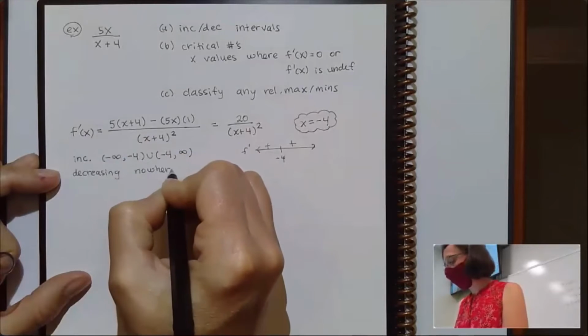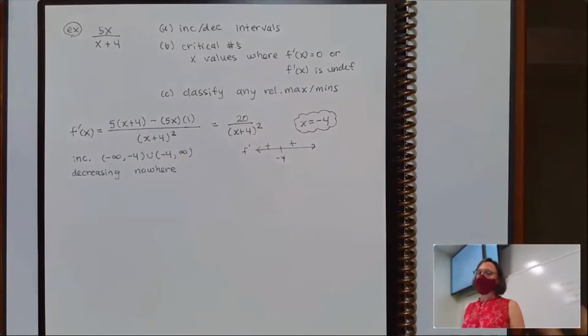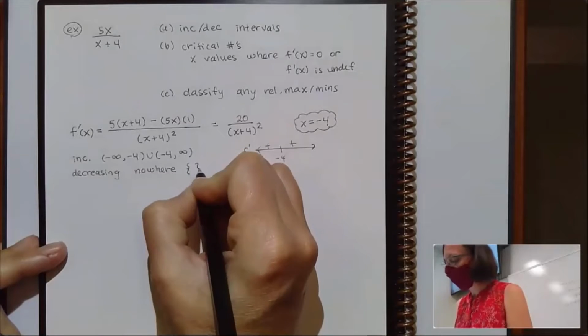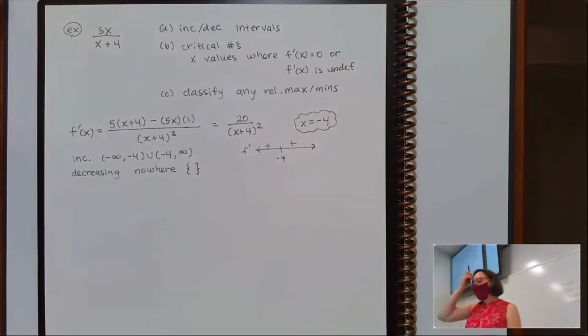Now, as a WebWork question, we would have to read the question to see how we're supposed to put the answer in. The weirdest way I've ever seen to have to put the answer in is empty squiggly brackets. So if you are struggling and you think you've got the right answer in WebWork and you've tried all the other things, try empty squiggly brackets.